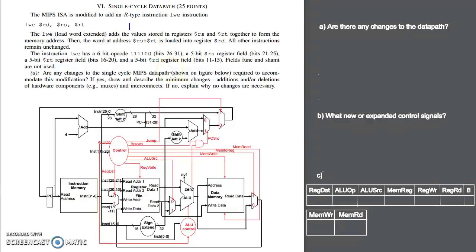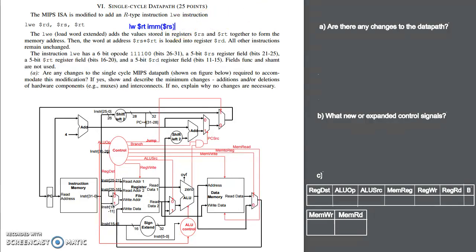Okay, so load word. Load word instructions write to register RT, and they read from RS with a 16-bit immediate shift amount in that address.